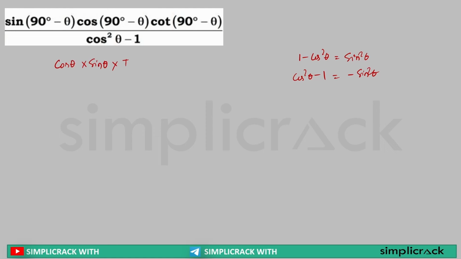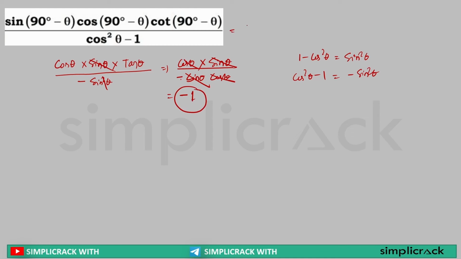Cot of 90 degree minus theta is equal to tan theta, divided by minus sine square theta. Here it can be written as cos theta into sine theta, tan theta is sine theta by cos theta, multiplied by minus sine theta. Sine theta crossed out, cos theta crossed out. 1 is there, so the answer is minus 1.